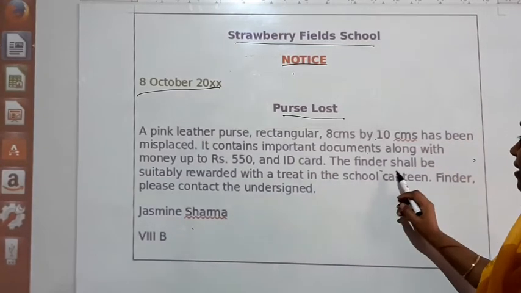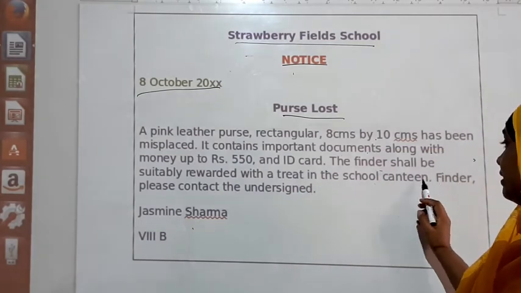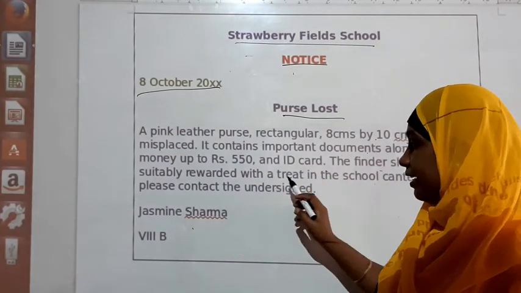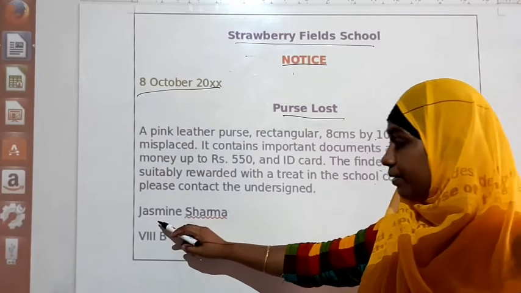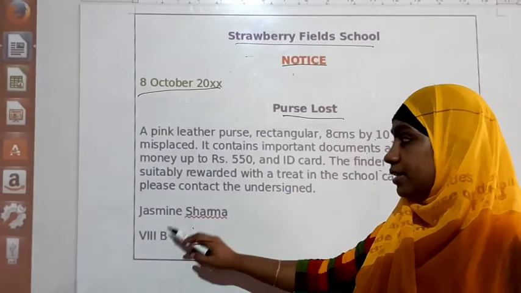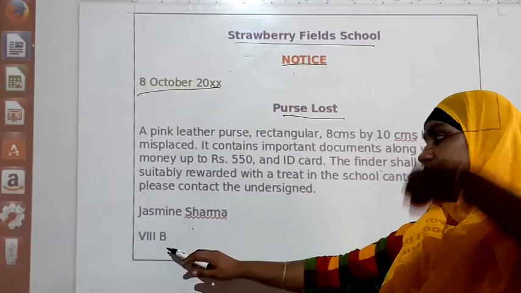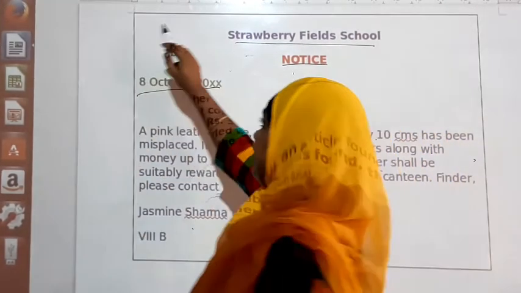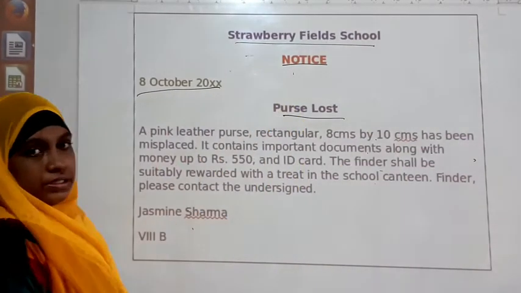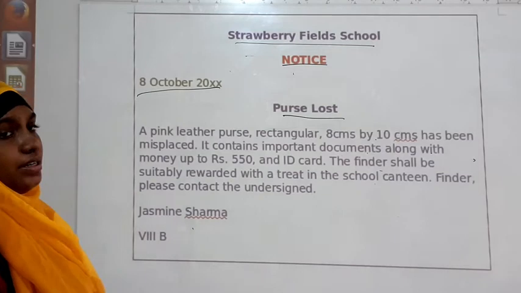The finder shall be suitably rewarded with a treat in the school canteen. Finder, please contact the undersigned, that is Jasmine Sharma, who has lost it and has written this notice to put up on the notice board, and she is from 8B. So the notice is put in the box. I hope this notice also you have understood.